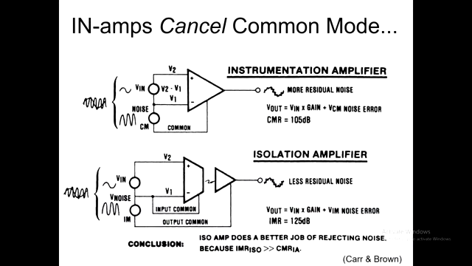Okay, this is the academic bit, I guess, and what it tells us is that whereas an instrumentation amplifier rejects noise by subtraction, cancellation, an isolation amplifier rejects noise by attenuation.